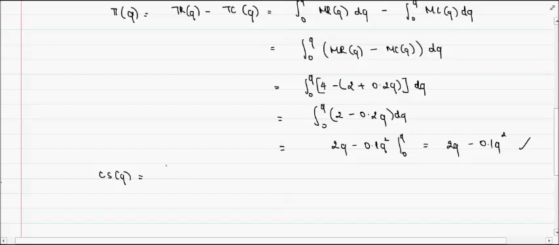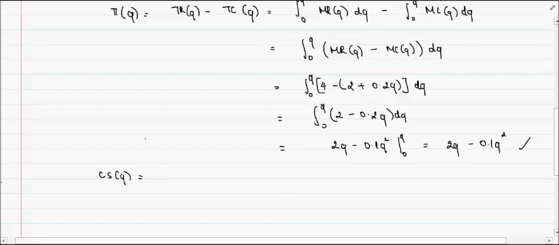Alright, so it's going to be the difference between the maximum willingness to pay. Now remember, the maximum willingness to pay is basically the area under the demand curve, and we know that the demand curve is just the average revenue curve.